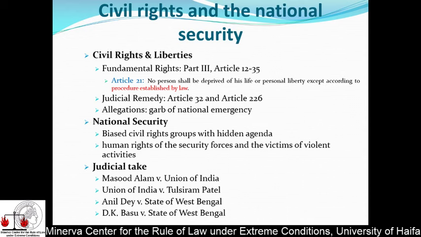In 2005, almost 20 states were affected by Naxalism, and in 2018, this is the area which is left affected by Naxalism. So when the funding and the hidden agenda of some fake civil rights groups was controlled, the situation was also in control.